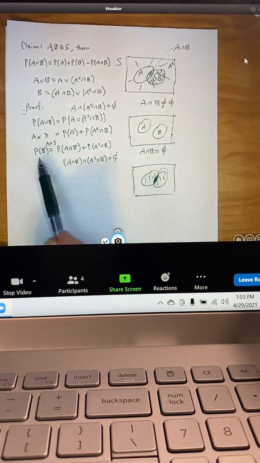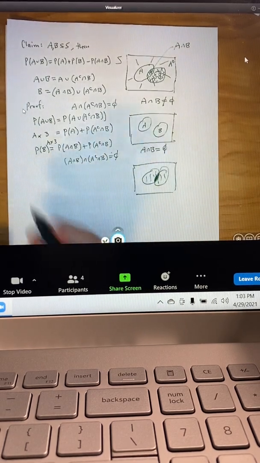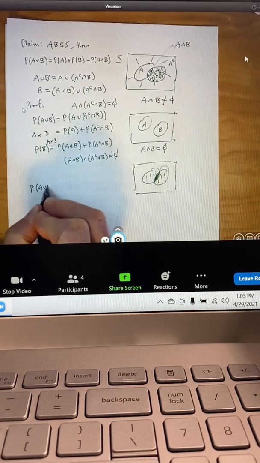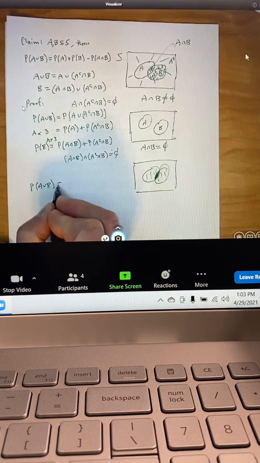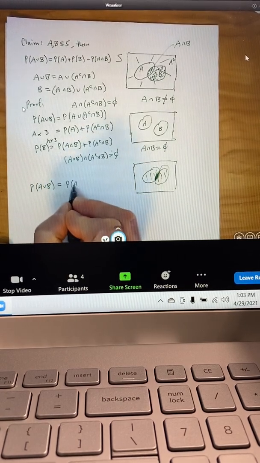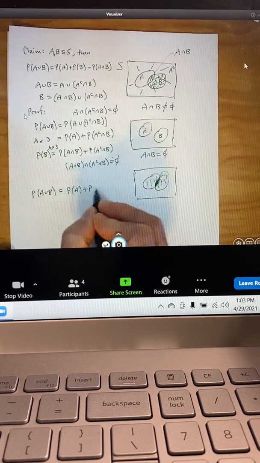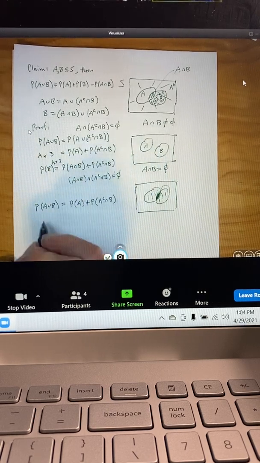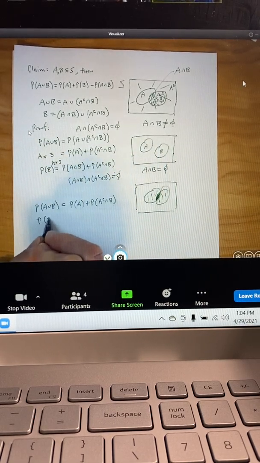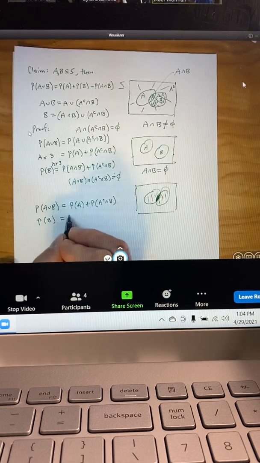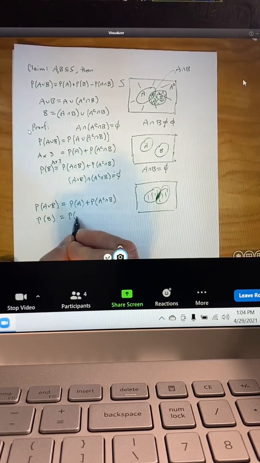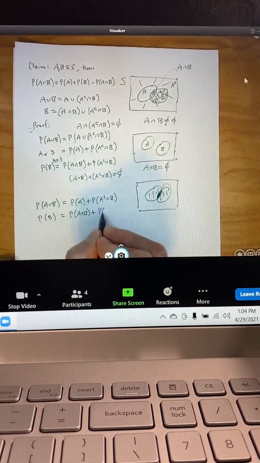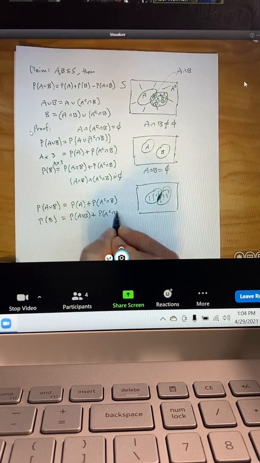So now I'm rewriting these equations separately: the probability of A union B is equal to the probability of A plus the probability of A complement intersect B, and the probability of B is equal to the probability of A intersect B plus the probability of A complement intersect B.